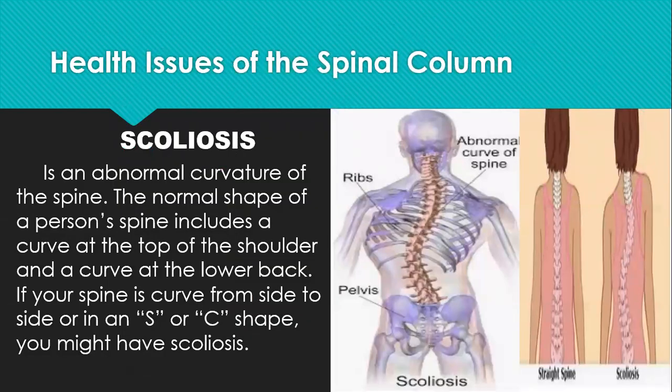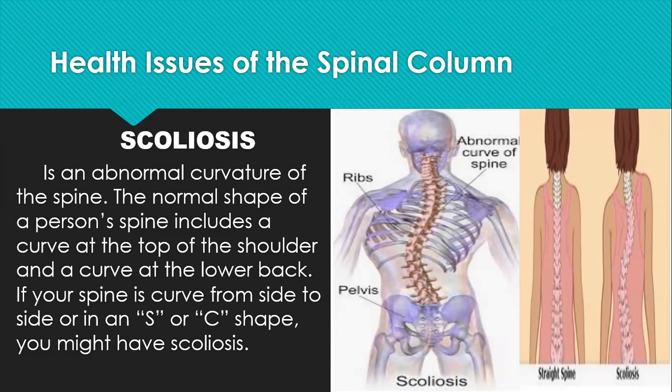Let's start with scoliosis. Scoliosis is an abnormal curvature of the spine. The normal shape of a person's spine includes a curve at the top of the shoulder and a curve at the lower back. If your spine is curved from side to side or is an S or C shape, you might have scoliosis.